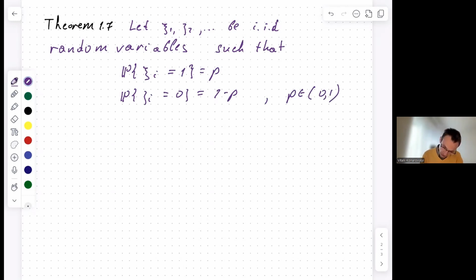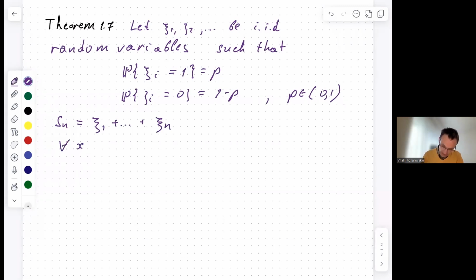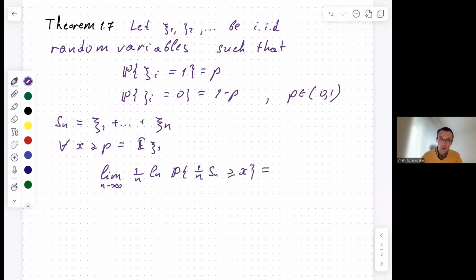And last time we showed that the sum of these random variables satisfies the following property. For every x larger or equal than p, that is the expectation of Xi1, we have that the limit as n goes to infinity of 1 over n logarithm of the probability that Sn divided by n is larger or equal than x is equal to minus I of x.